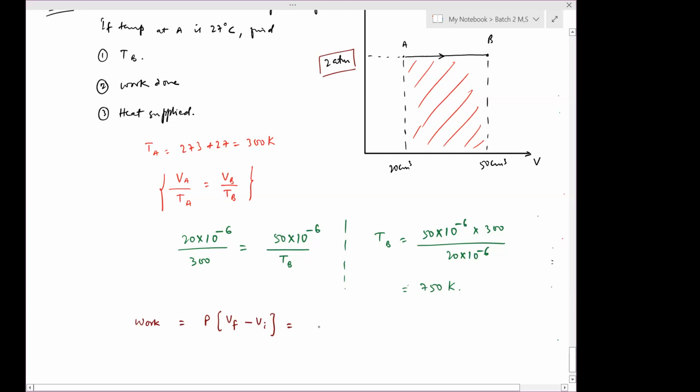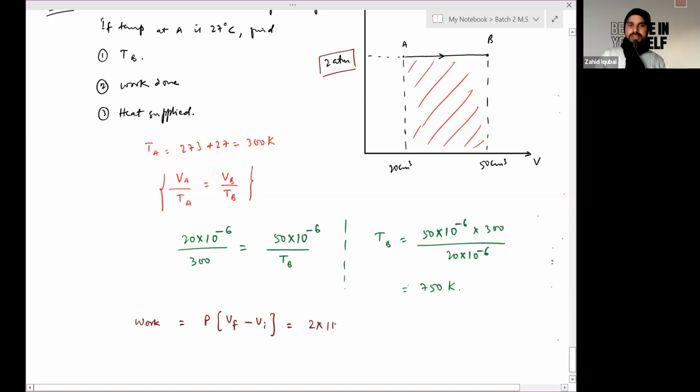Okay. So 2 atm, 1 atm equals 10 to the power 5 Pascal, so multiply it by 10 to the power 5. Volume final, that is volume at point B, is 50 minus volume at point A, 20, in terms of centimeter cube, so multiply it by 10 to the power minus 6 to convert into SI unit.